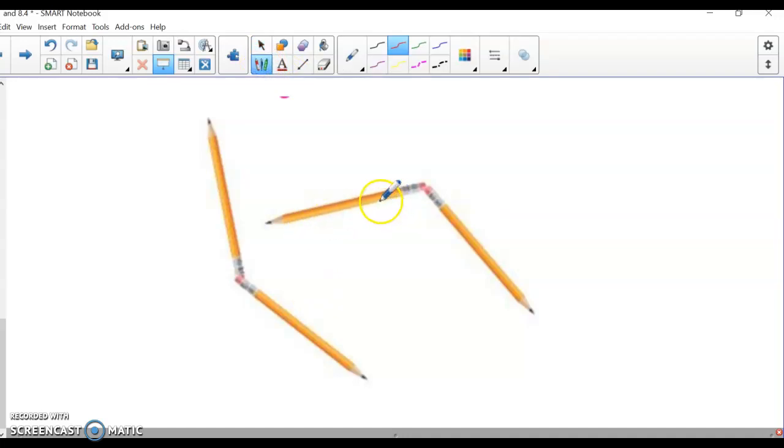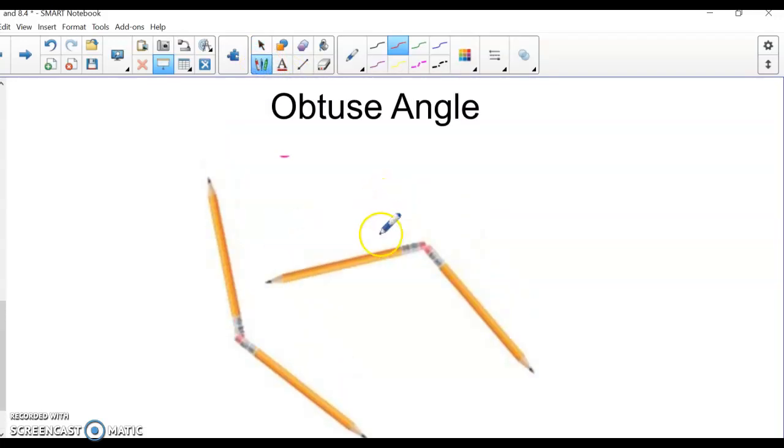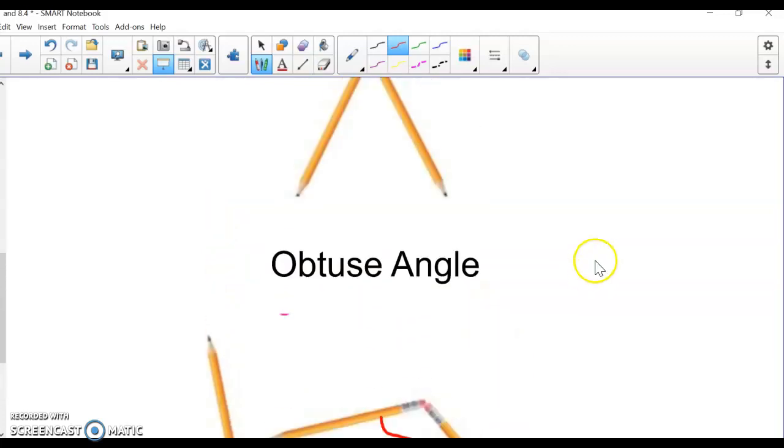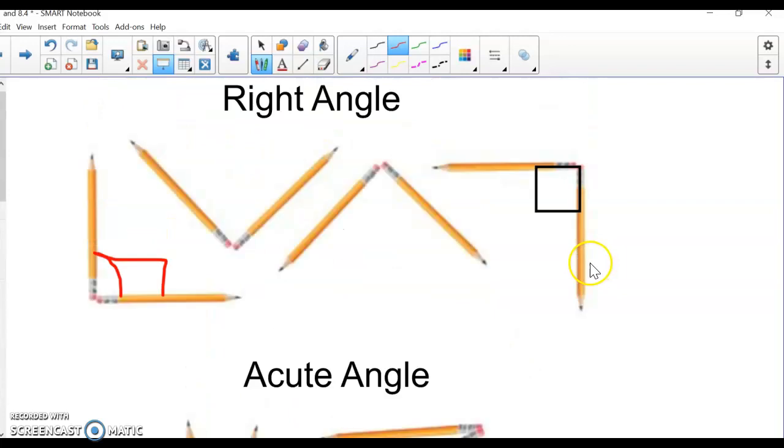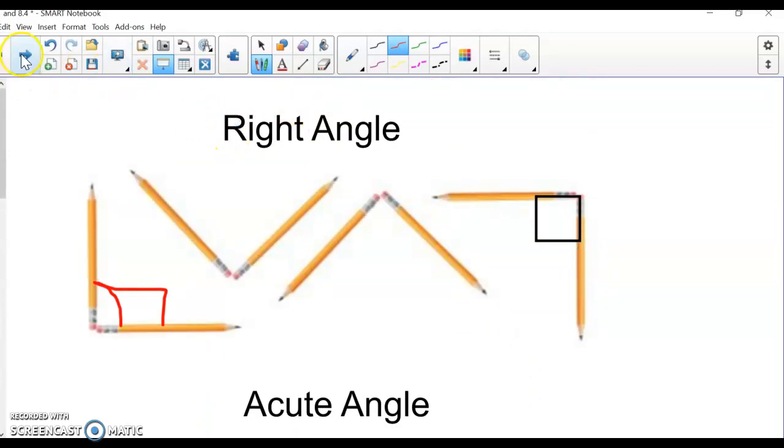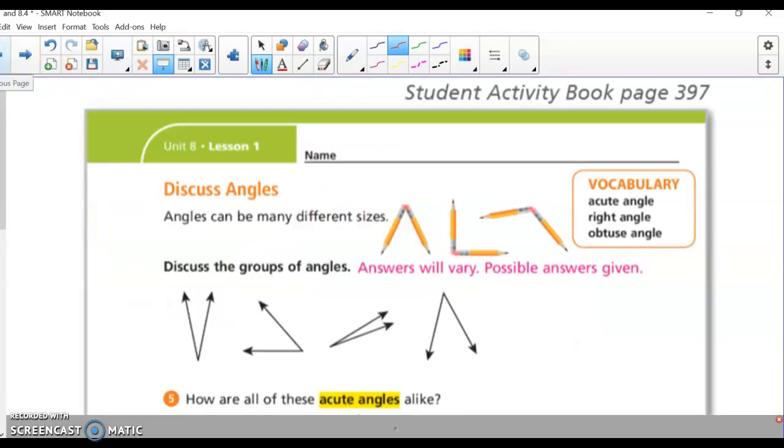And so your obtuse angle is nice and big. It's bigger than that 90 degrees, so it spreads out further, and the two pencils are further apart than the 90-degree angle was. Okay, so your smallest is acute, your biggest is obtuse, and that exact 90-degree square angle is right. Okay, those are the only three angles that we're working with today.